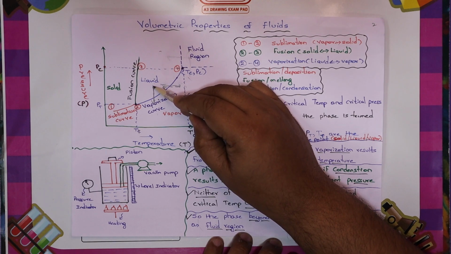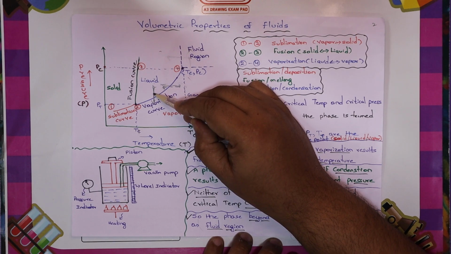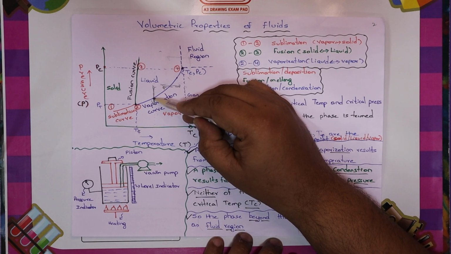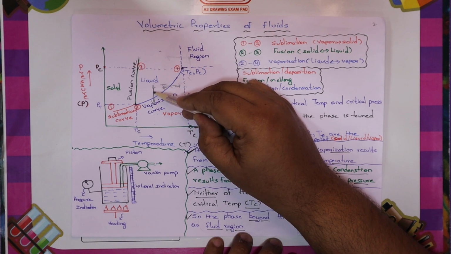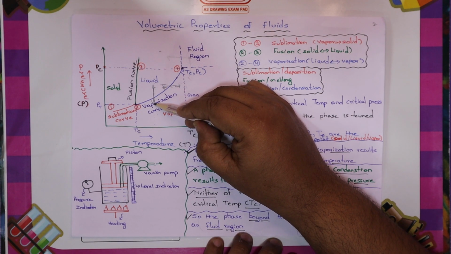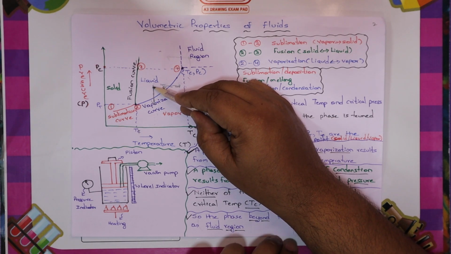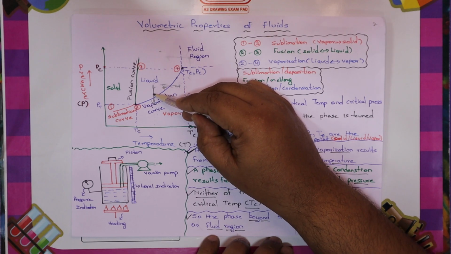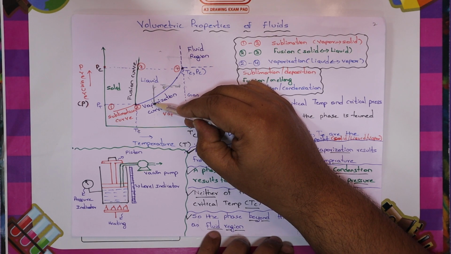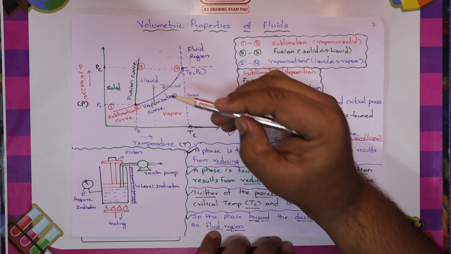What is the property of the liquid phase? If you reduce the pressure at constant temperature, the liquid will enter into the vapor phase. That means this liquid will become a vapor. So this is the liquid phase, because it will become a vapor if I reduce the pressure at this constant temperature.